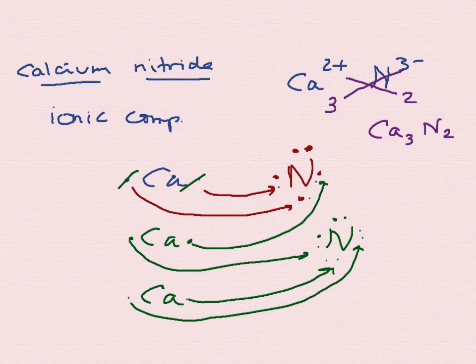If I put the charges in there, that might help for the original. That would give me 6 pluses and 6 minuses, and that's neutral. Your final answer can never have the charges in it. So for one balanced ionic compound of calcium nitride, you would need a ratio of 3 cations, 3 calciums, for every 2 nitrogens to make it balanced.